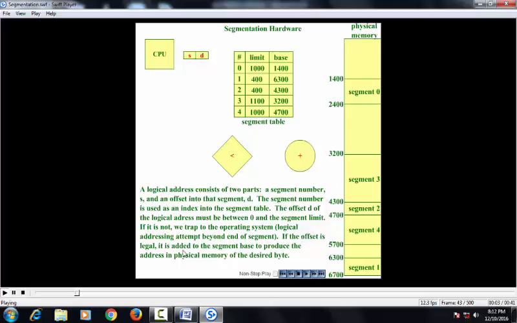If the offset is legal, it is added to the segment base to produce the address in physical memory of the desired byte. So if the offset is valid, it is added to the base address and loaded into the primary memory. If it is not, the base address will not be added to the logical address. Let's have a look.